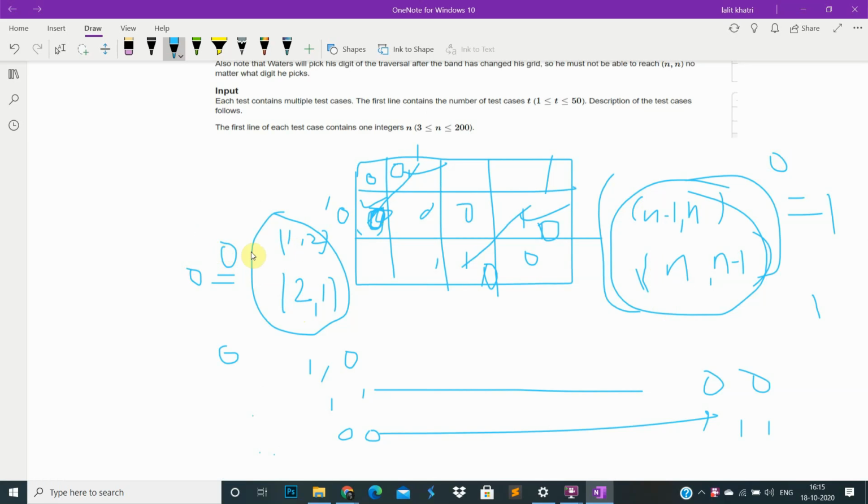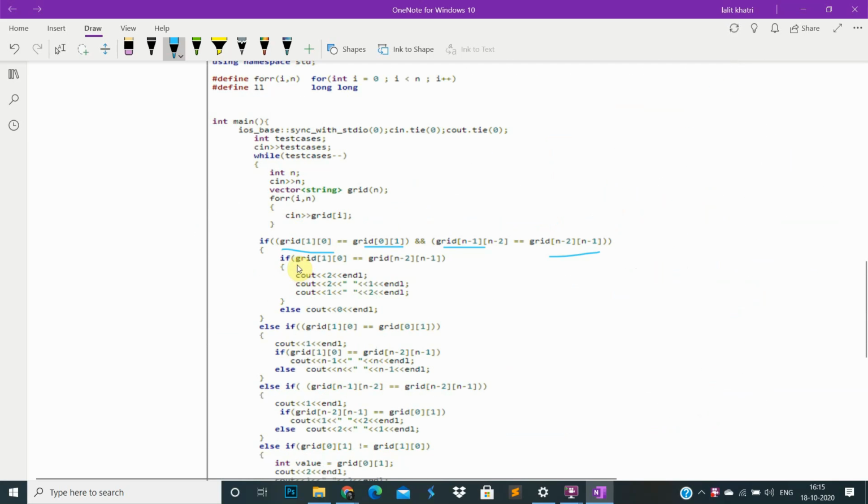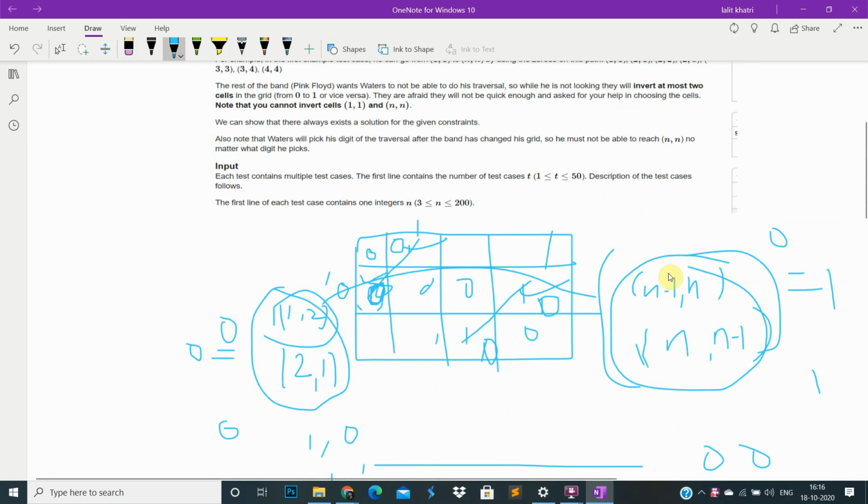Then the output will be 2, because we have to change 2. We change 1 comma 2 and 2 comma 1 to 1 1. Then that will be the answer.